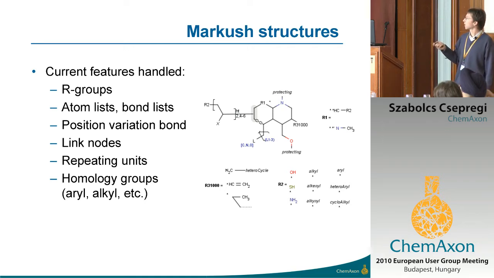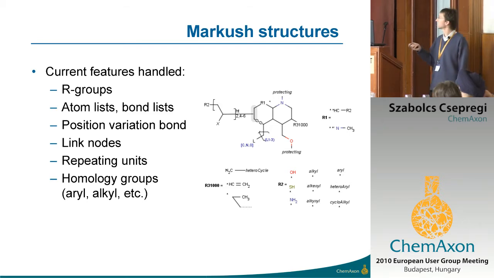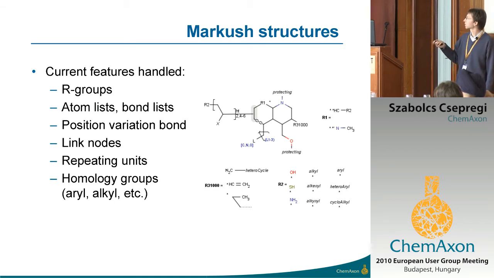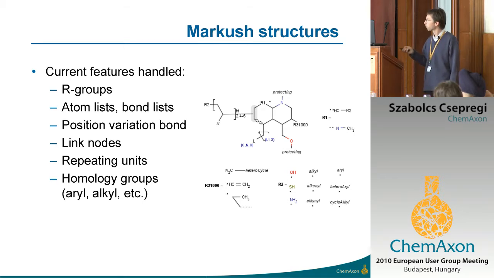The repeating units are a generalization of these link atoms, link nodes. This is a larger group which can repeat two times or 4 to 6 times. And the connectivity is HT, which is head to tail, which means that the head of the next unit connects to the end of the tail of the other unit.